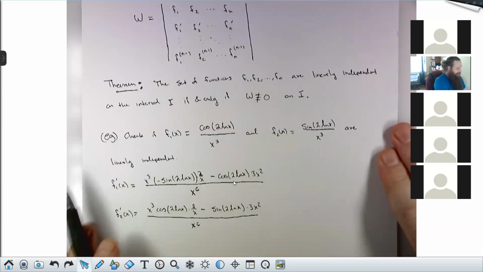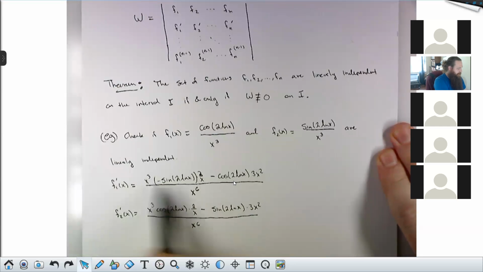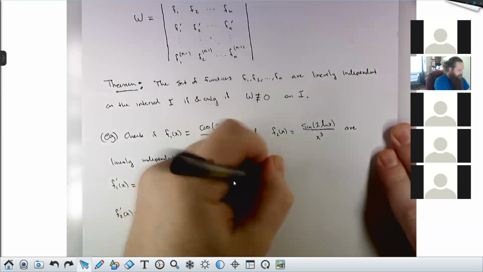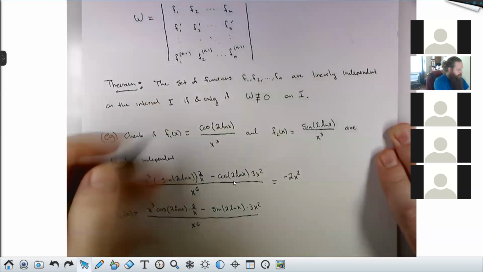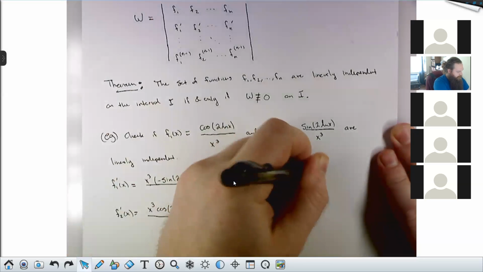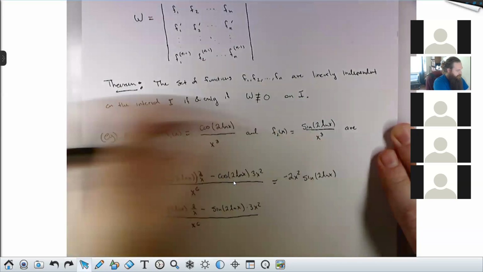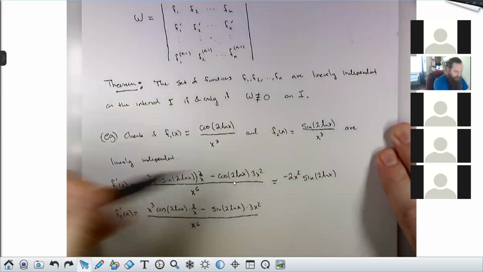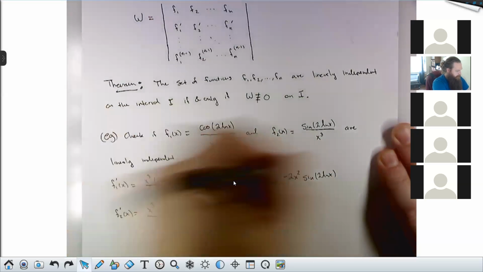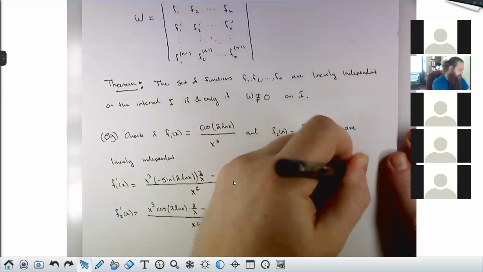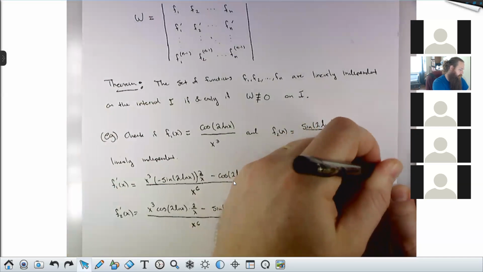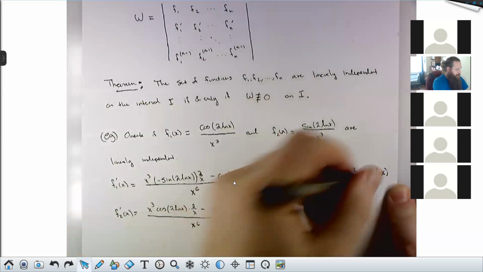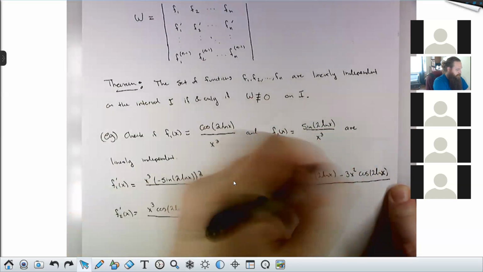Here are our derivatives. The obvious things: I've got an x cubed and a 2 over x in this first factor. So that's 2x squared. So this is negative 2x squared times the sine of 2 ln x, and then minus 3x squared cos 2 ln x, and that's all over x to the 6.